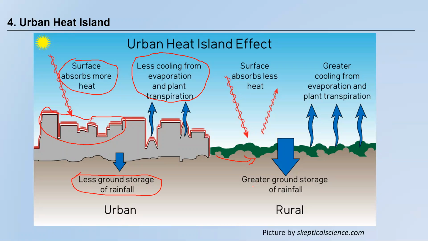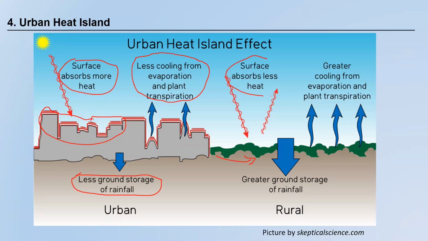So there is less evaporation within cities. And on the other hand, these impervious materials, asphalt, concrete, metal, glass, they're pretty good at absorbing solar energy, and they're pretty good at keeping it. So that's why urban areas are hotter than surrounding rural areas, right?